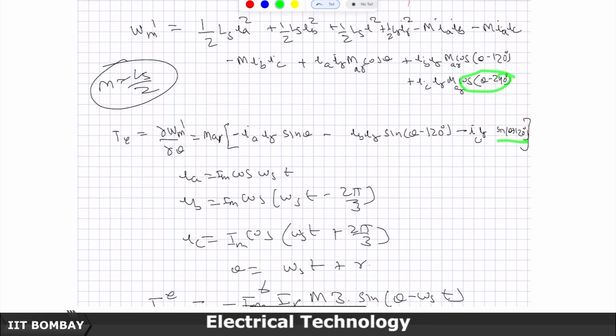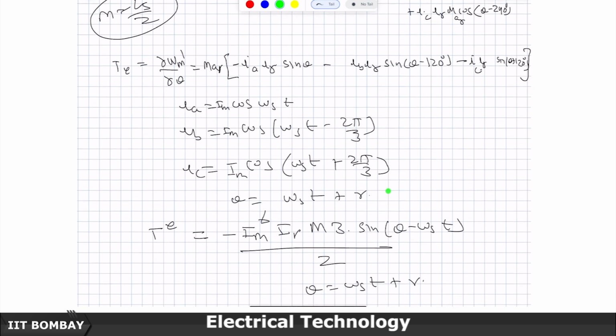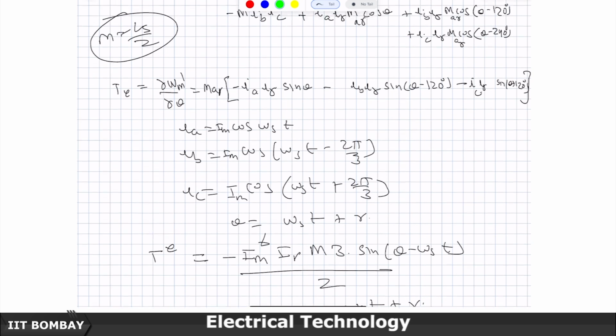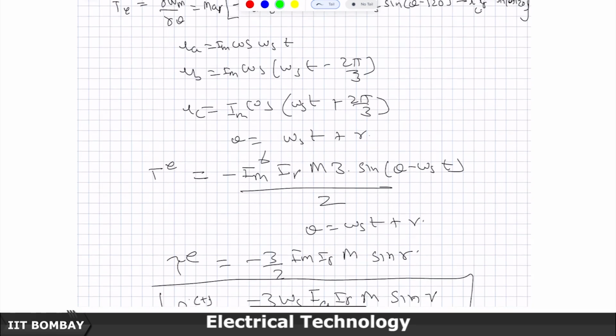Now, if I excite IA by cos of omega s t, IB by cos of omega s t minus 2 pi by 3, and IC by cos of omega s t plus 2 pi by 3, and I keep theta equal to omega s t plus 2 pi by 3, then this torque expression will simplify.